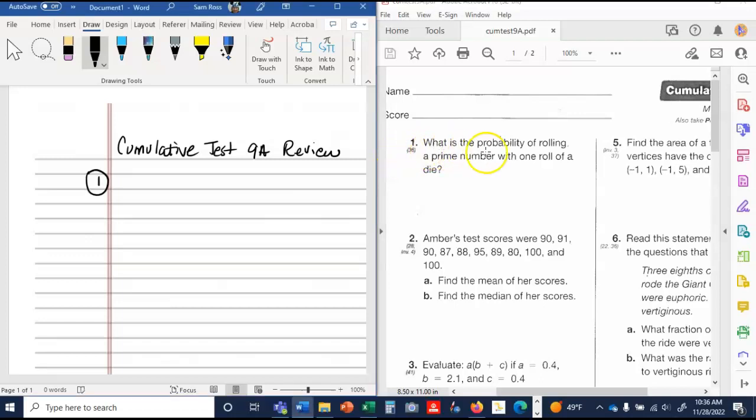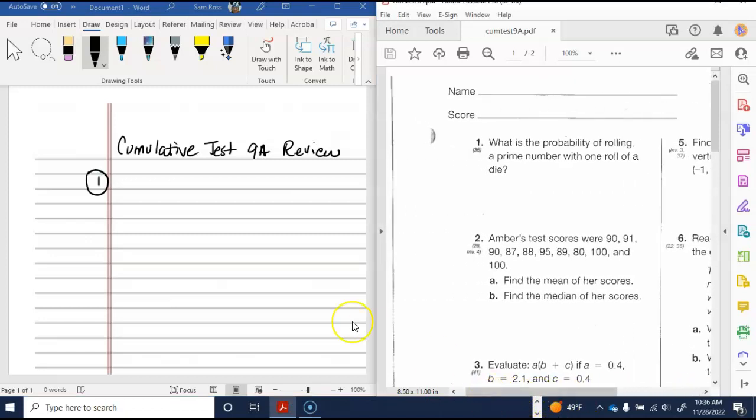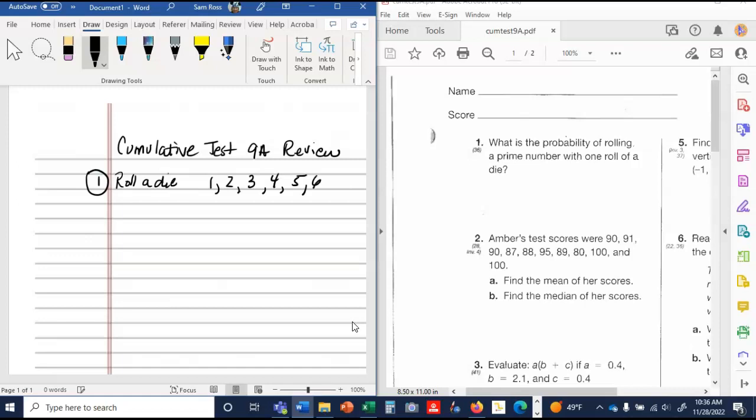Number 1 says, what is the probability of rolling a prime number with one roll of the die? Okay, and this is 9A. So when I roll a die, my options are 1, 2, 3, 4, 5, and 6.